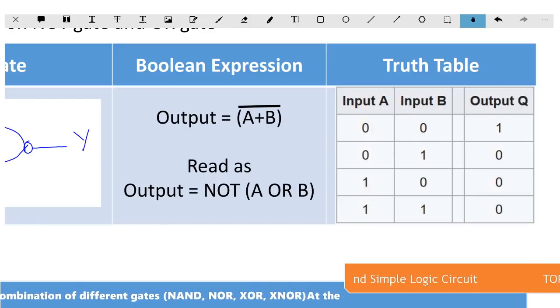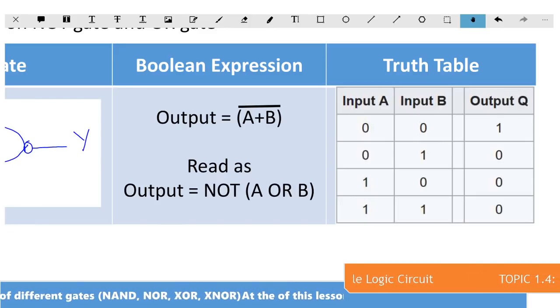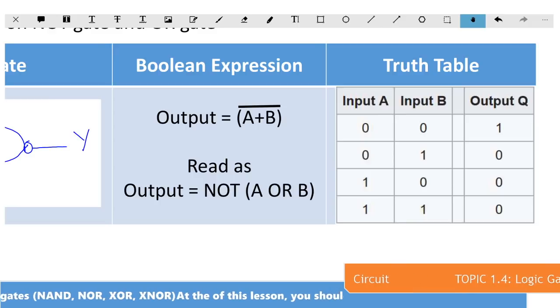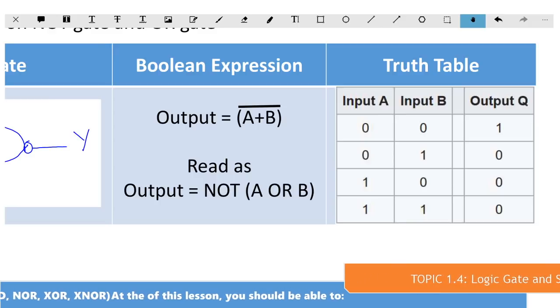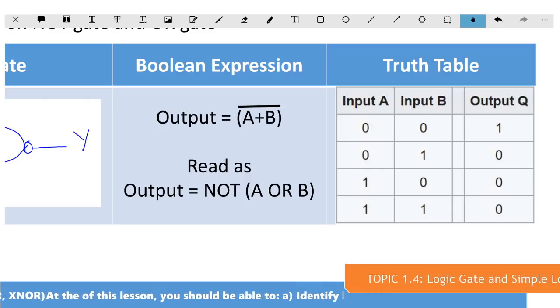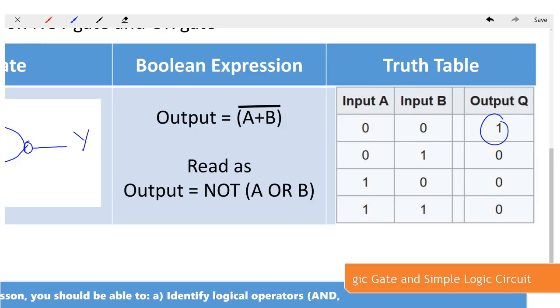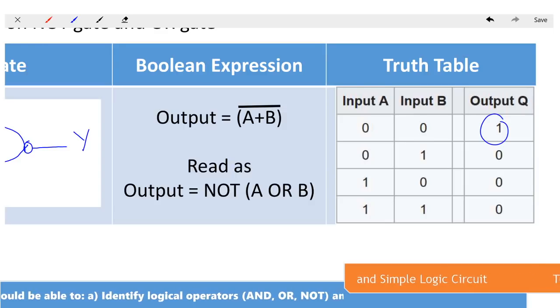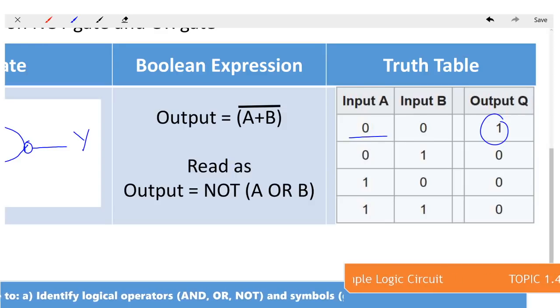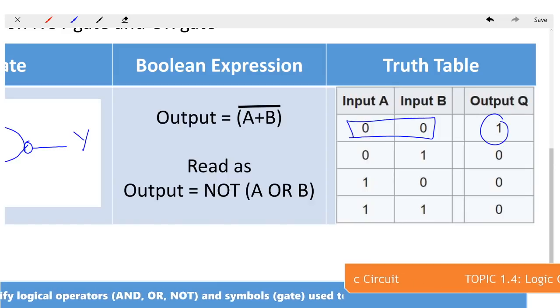From the truth table, the output will be true when all of the inputs are false.